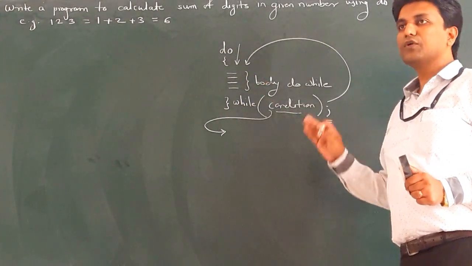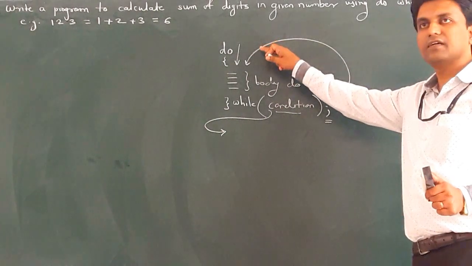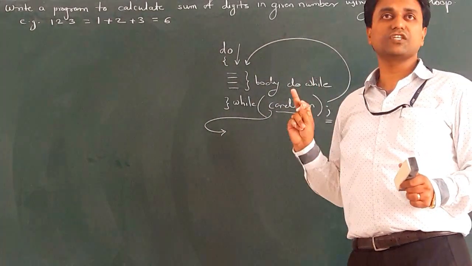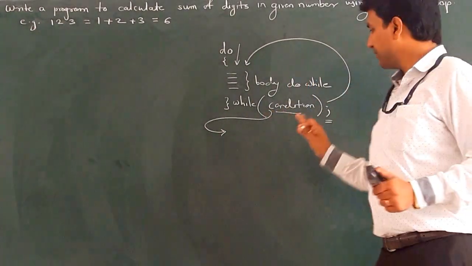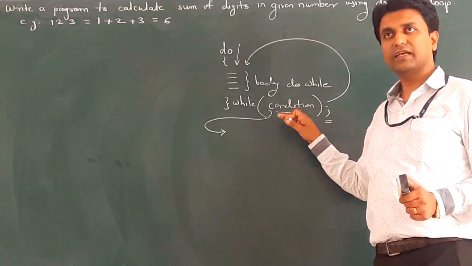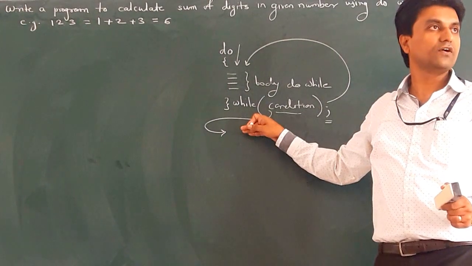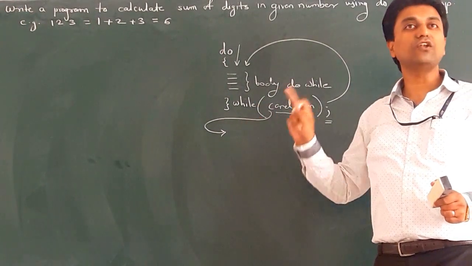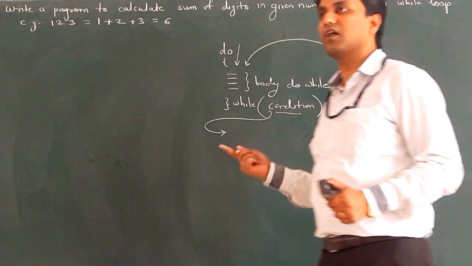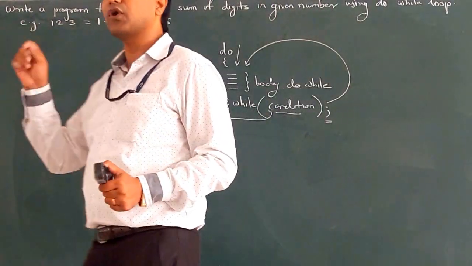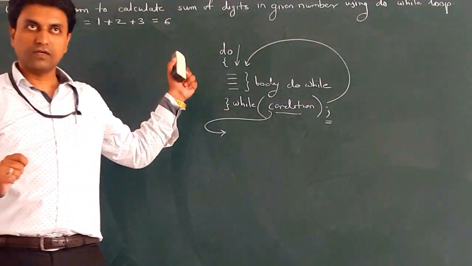In a do while loop, for the first iteration, whatever the condition may be, true or false, there is first-time entry into the loop. But in a while loop, if the condition is false the first time, there is no entry to the body of the loop. Clear?